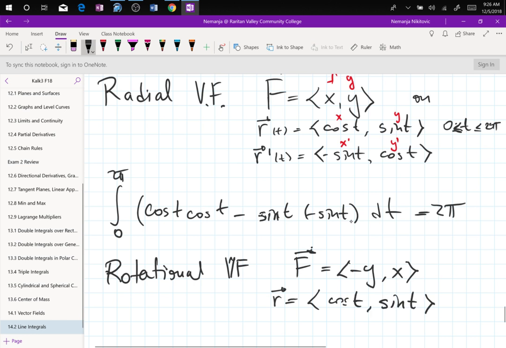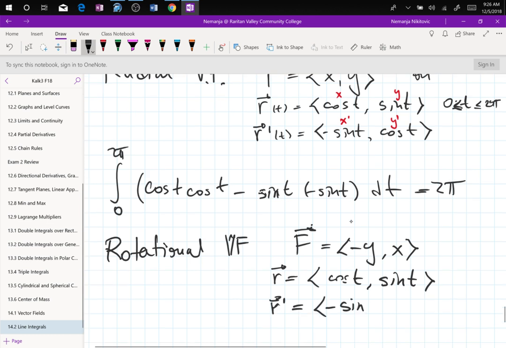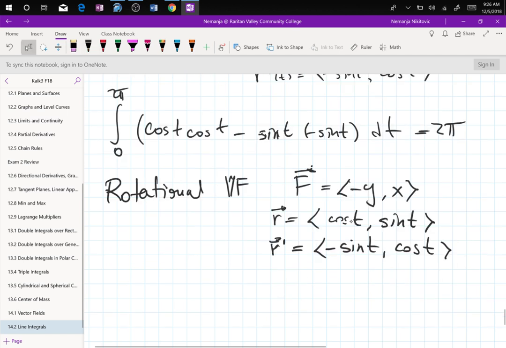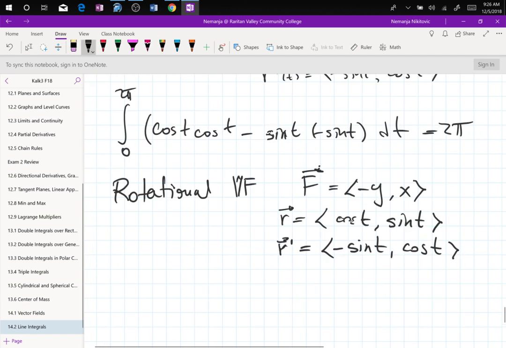Our r prime, which we need, is negative sine t, cosine t. So now the integral from 0 to 2 pi.